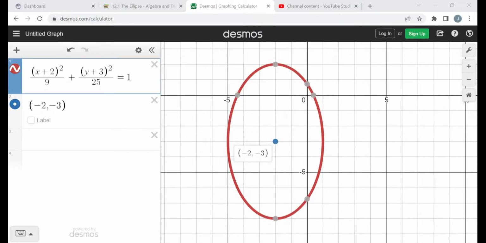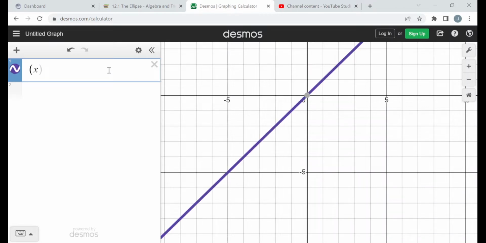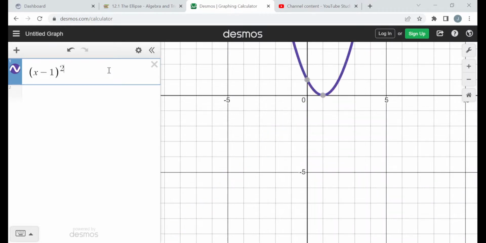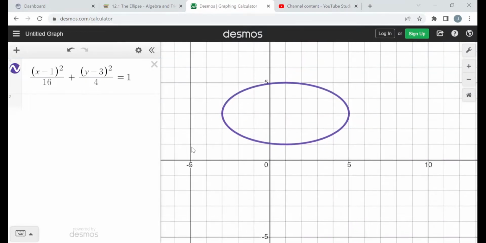So let's check it out. So again, we have the quantity (x minus 1) squared divided by 16 plus the quantity (y minus 3) squared divided by 9. Nope, divided by 4. I'm actually reading the wrong thing. Equals 1. All right, and this is our ellipse right here. See, the co-vertices are at (1, 5) and (1, 1).